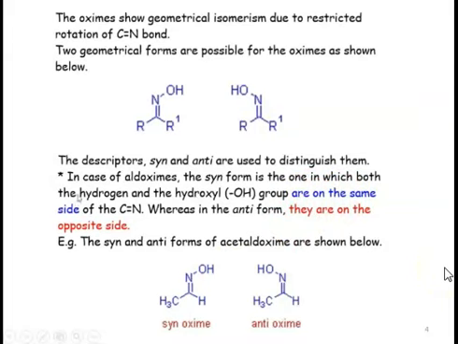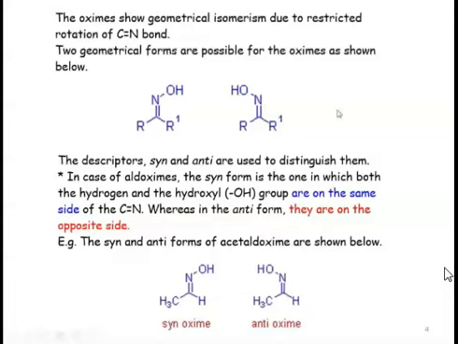If we are talking about aldoxime, that means one of these R and R dash is hydrogen. If hydrogen and hydroxyl group lie on the same side of the carbon nitrogen double bond, we call it syn.